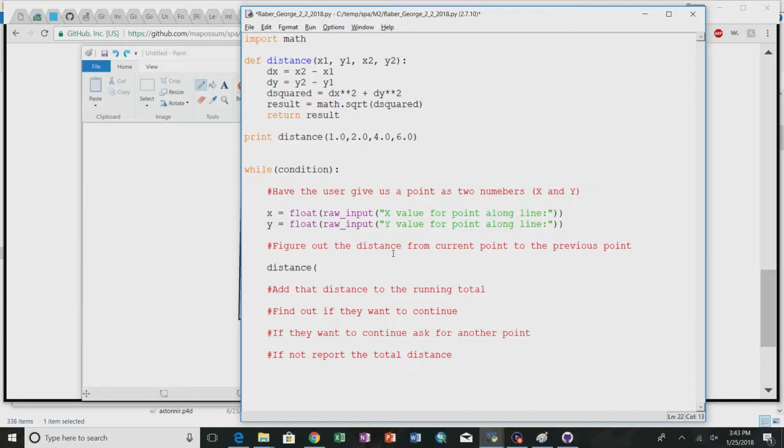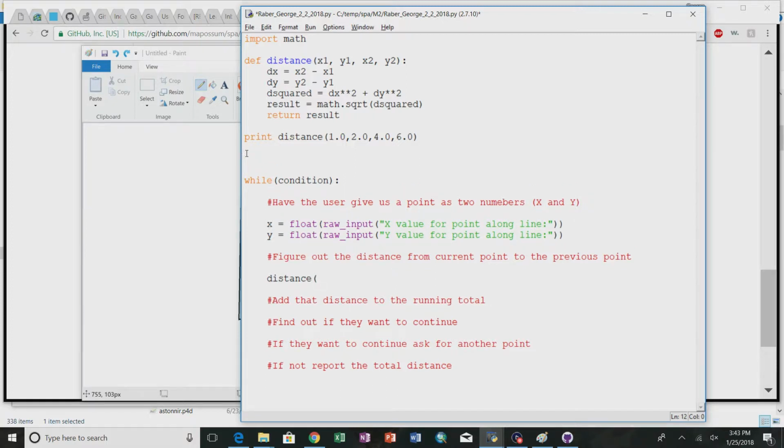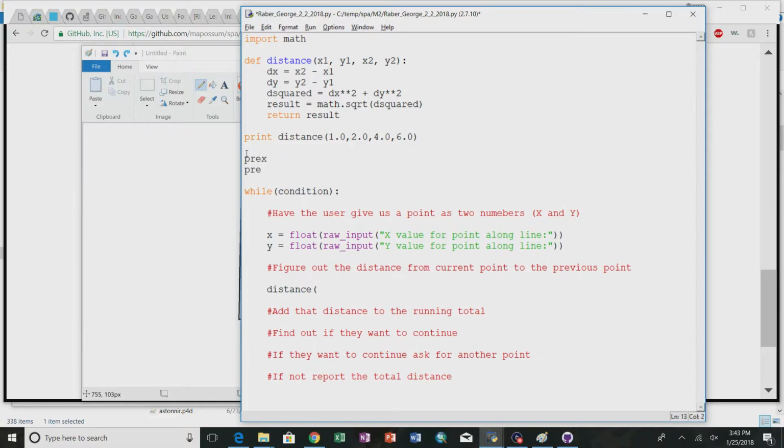We could, remember we talked about setting up an initial condition? We could set up an initial condition, right? We have to call these a different variable, like pre-x and pre-y, which means previous x and previous y. There's no reason to make them short. Well, yeah, there is.